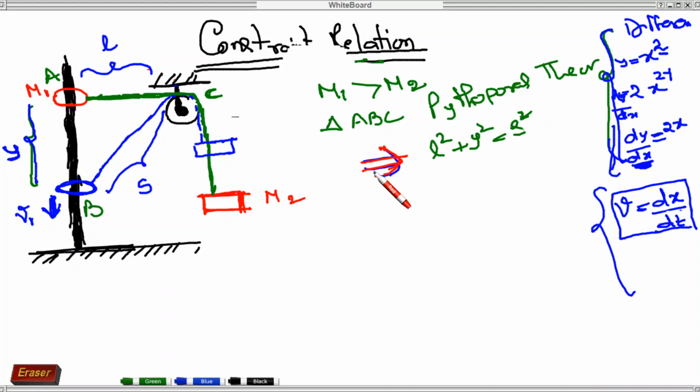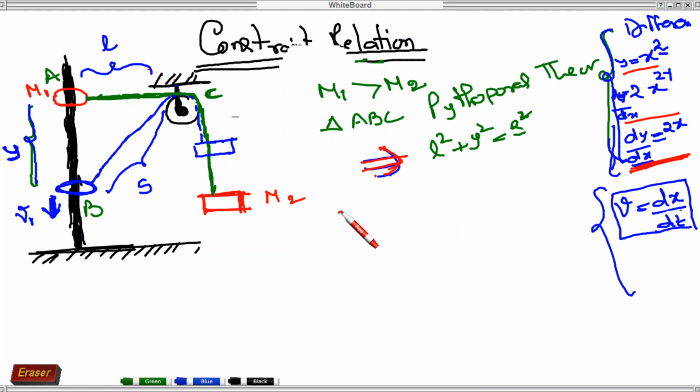In various portions of physics you will come across differentiation and integration, so you should be aware of simple differentiation and simple integration. You will learn deeper about these in your math section.